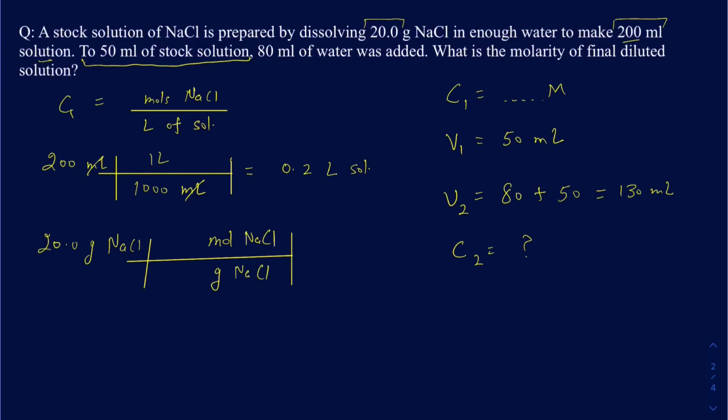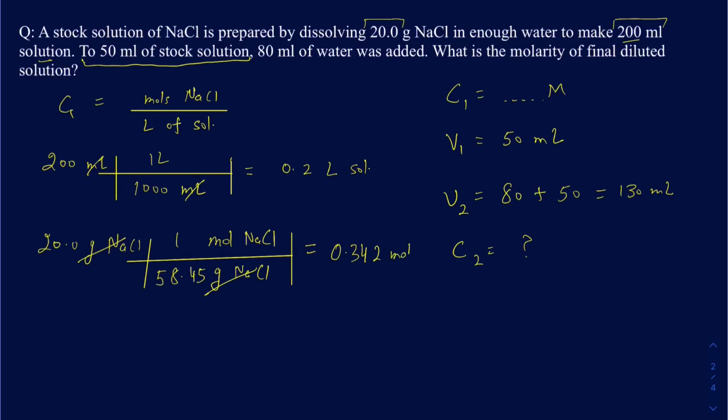When you calculate the molar mass of NaCl, you add up the atomic mass of sodium and the atomic mass of chlorine. When I did this calculation, it came out to be roughly 58.45. So when you set it up like this, the grams cancel out, and now I've got 20 divided by 58.45, and that's going to be 0.342.